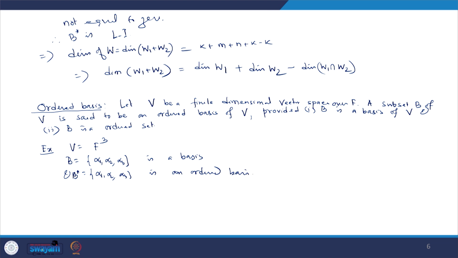So, what is the difference between these? See, in the first B, it is a basis, fine, but there is no order. Whether alpha_1 will be the first element, alpha_2 the second element, is it like that? No, there is not. This B is basically the same, I can write this as alpha_2, alpha_1, alpha_3. But in the case of an ordered basis, the first element is fixed: alpha_1 is the first element, alpha_2 is the second element and alpha_3 is the third element. So, here order is preserved.